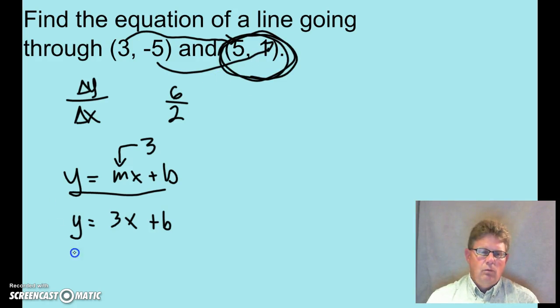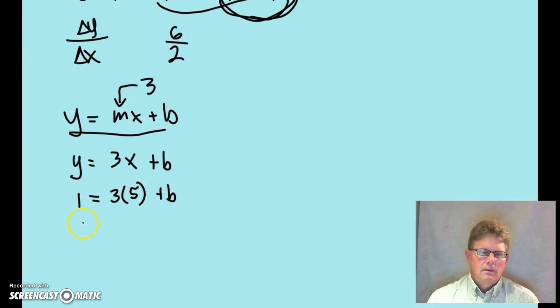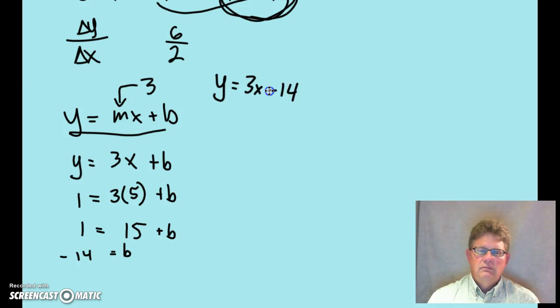The y value is 1 equals 3 times the x value, 5, plus b. 1 equals 15 plus b. Subtract 15 from both sides. So the y-intercept is -14. The equation of the line is y equals 3x minus 14.